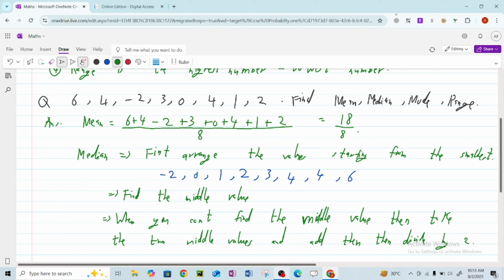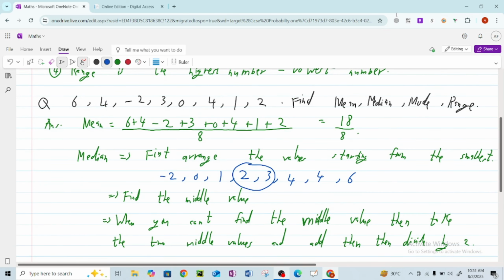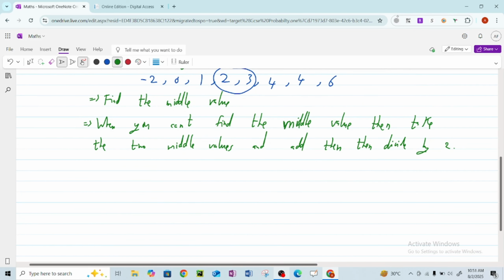Okay, for example, what are the two middle values here? Let's mark them. These two. You have 3 here, 3 here, and the other two middle values, 2 and 3. You add them first, okay? That's going to be 2 plus 3 divided by 2. So 5 divided by 2, or in other words, 2.5 would be my answer. That will give you the median, okay? That's our median over there.